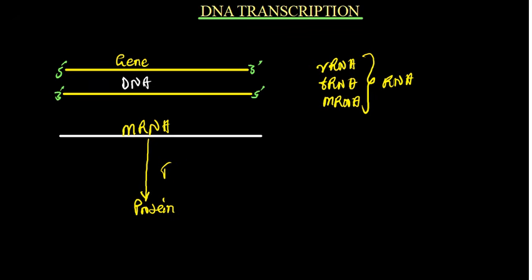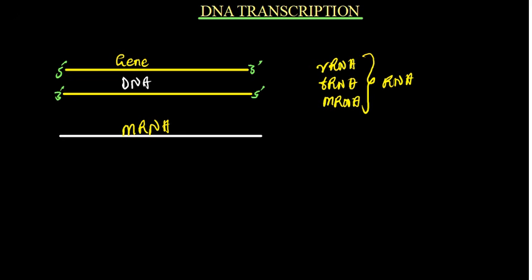So basically, all three different types of RNA come from DNA, as we are going to understand. The RNA that we are going to discuss much is messenger RNA, but I also talk about ribosomal RNA and transfer RNA. Now, DNA is a double helical molecule, so it has two strands.